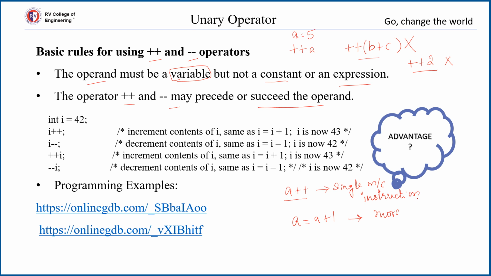One thing you have to remember, whenever I have a plus plus or a minus minus, it's always incrementing 1 or decrementing 1. It is not that you are incrementing or decrementing by more than 1. It's always a plus 1 or a minus 1. So the advantage is that these expressions will be executed in a single machine instruction, something like optimizing. If I have a equal to a plus 1, it requires more than one machine instruction.